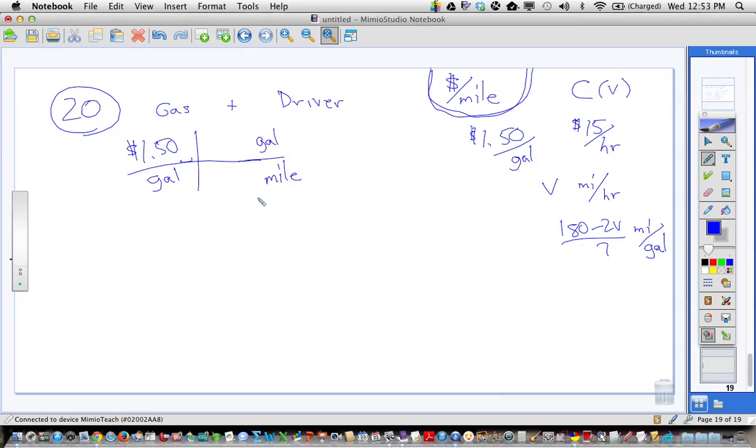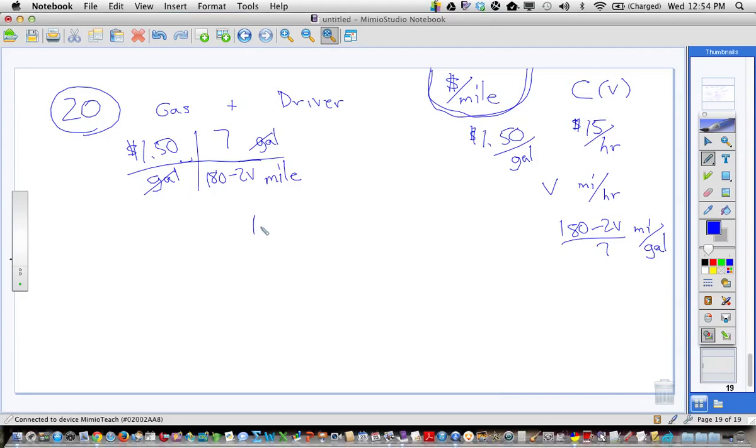What would I use? The miles per gallon, which was this right here. But I'm going to have to flip it, right? Because this is miles per gallon, I want gallons per mile. So I'm going to need the 180 minus 2V down here. I need the 7 up here. And gallons will cancel, and that'll be the cost of the gas in dollars per mile.